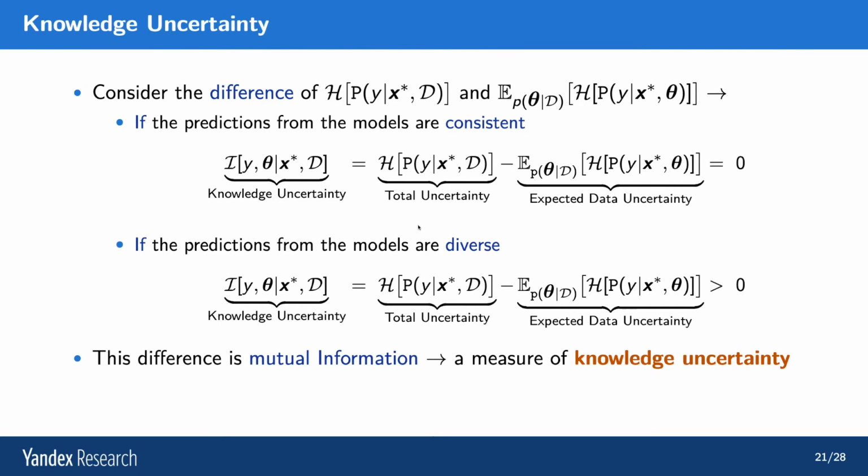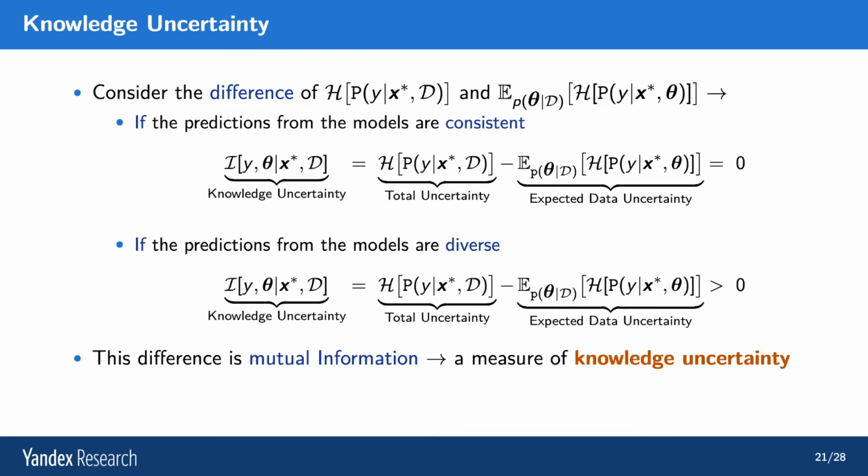If all the models in the ensemble give us the same prediction, then the average prediction is the same as each individual prediction. Therefore, the entropy of the average prediction will be the same as the average entropy of each individual prediction, and the difference between these two will be zero. However, when the models are diverse, the entropy of the average prediction will be higher than the average entropy of each individual prediction.